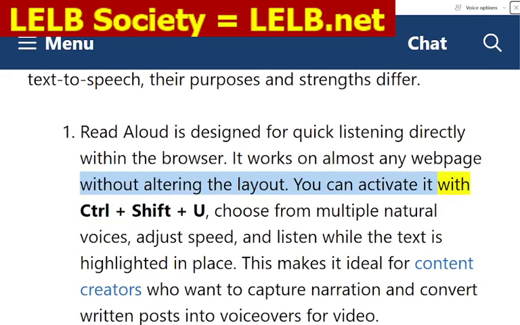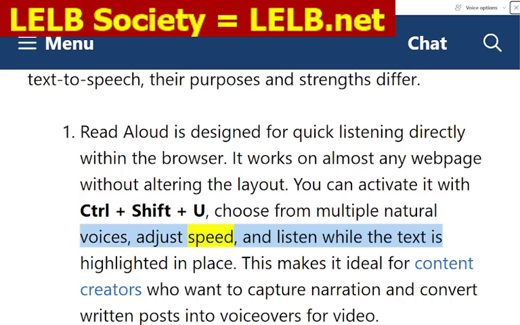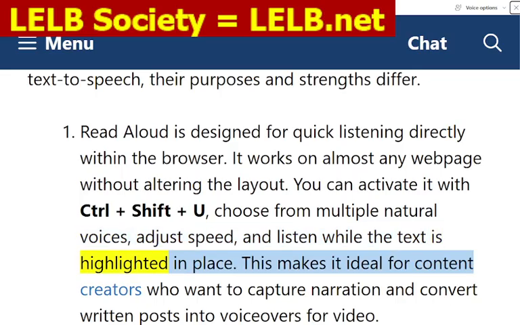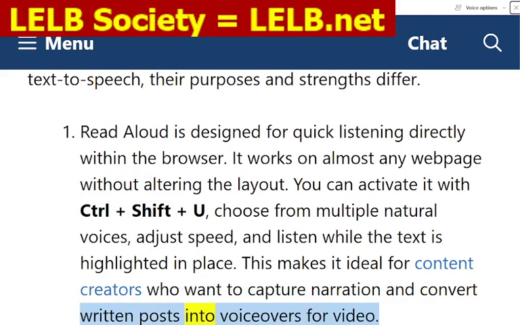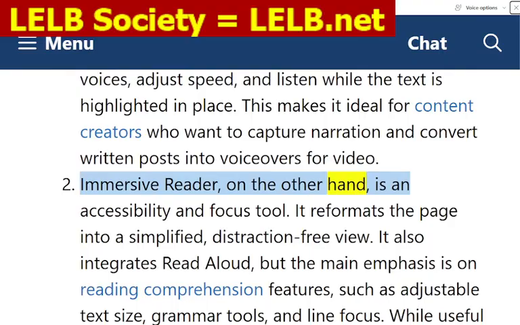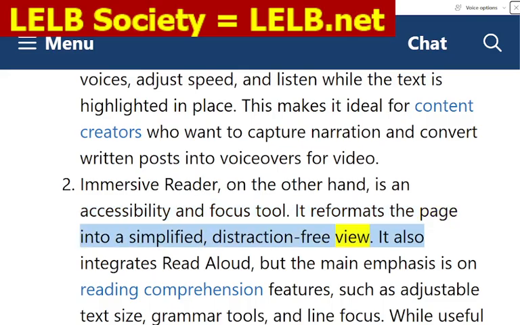You can activate it with Ctrl+Shift+U, choose from multiple natural voices, adjust speed, and listen while the text is highlighted in place. This makes it ideal for content creators who want to capture narration and convert written posts into voiceovers for video. Immersive Reader, on the other hand, is an accessibility and focus tool. It reformats the page into a simplified, distraction-free view.